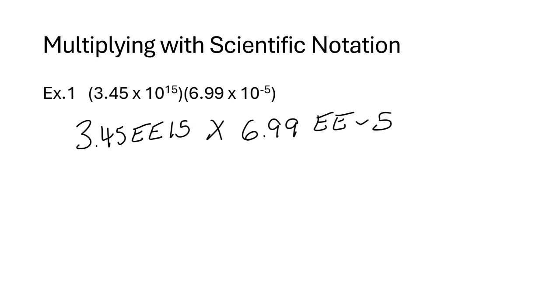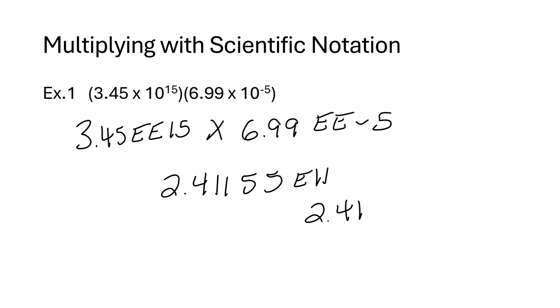And when you do that, you get 2.41. Now, on the calculator, it'll say 2.41155 E11. So that is actually 2.41, and let's just go to 3 places, times 10 to the 11th.